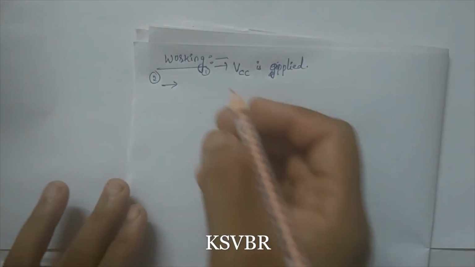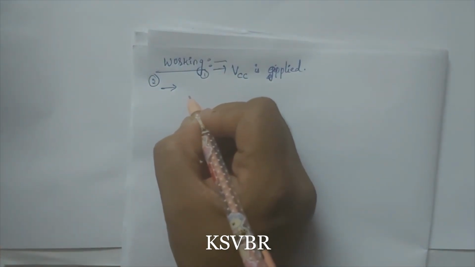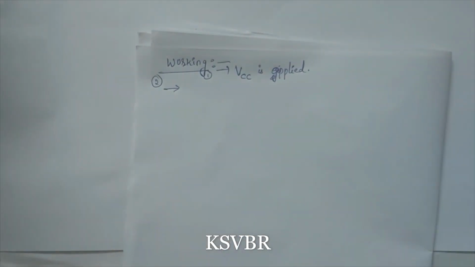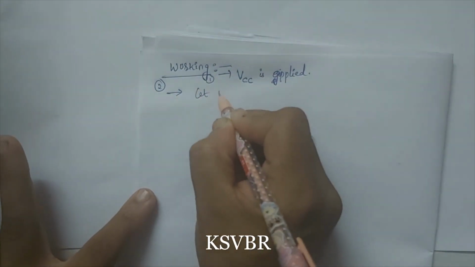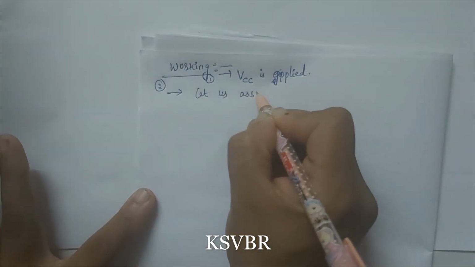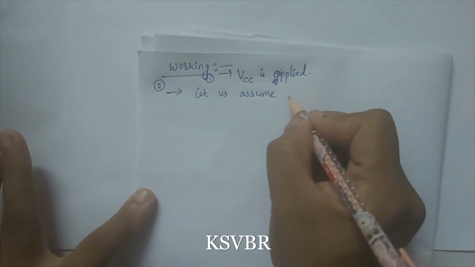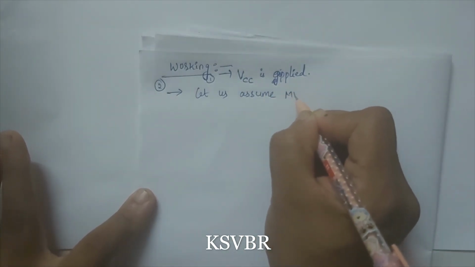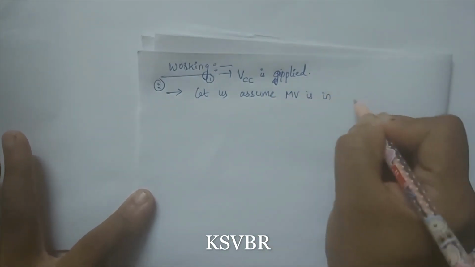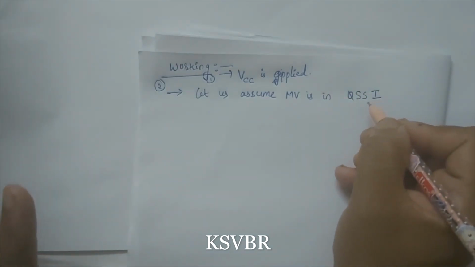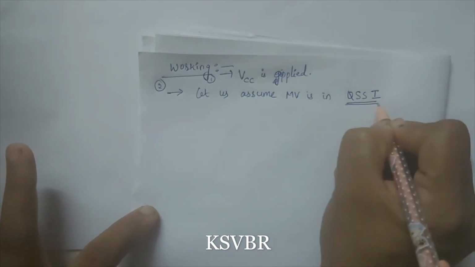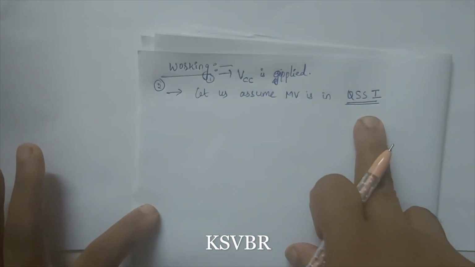The second point is we have to assume the circuit will be in either of the quasi-stable states. So let us assume the multivibrator is in either quasi-stable state 1 or quasi-stable state 2. I am assuming quasi-stable state 1.